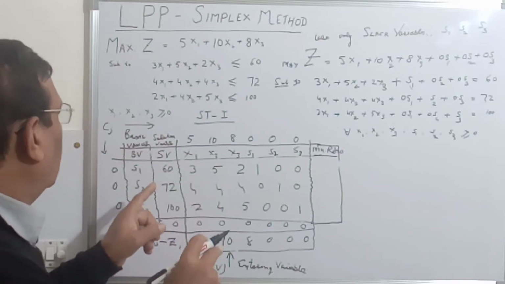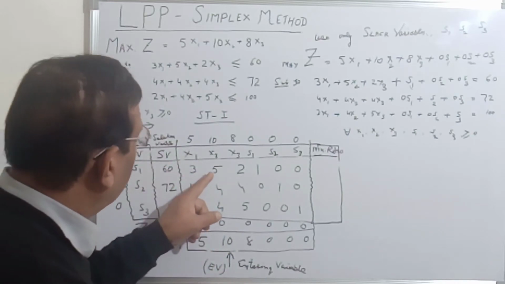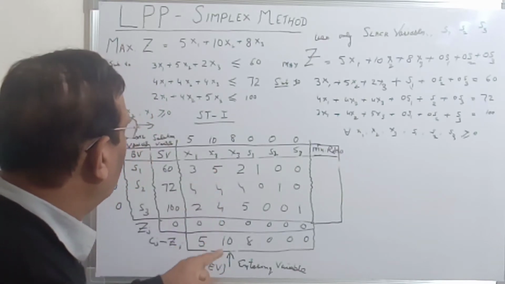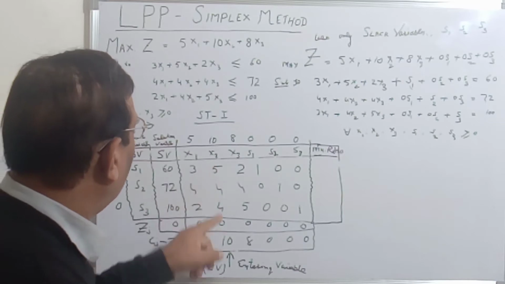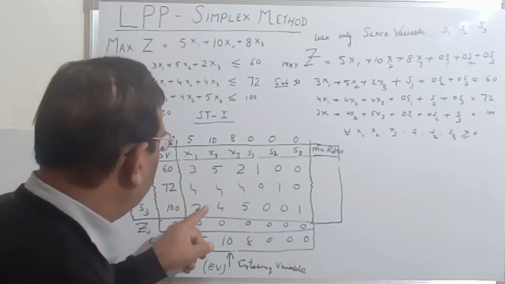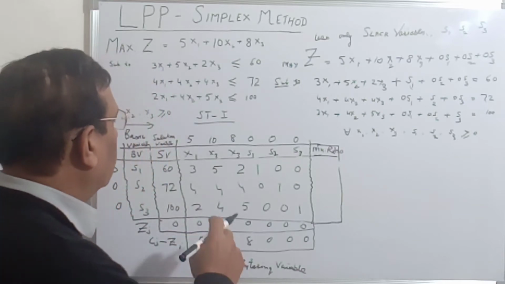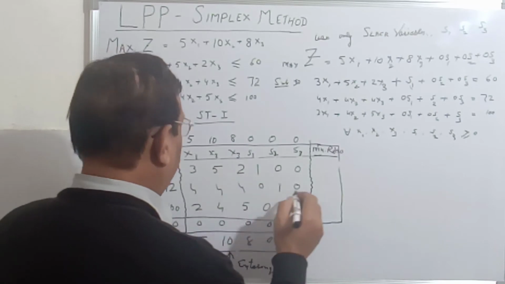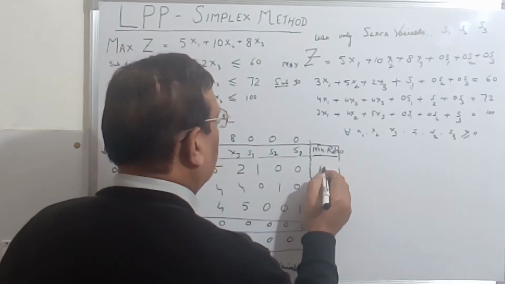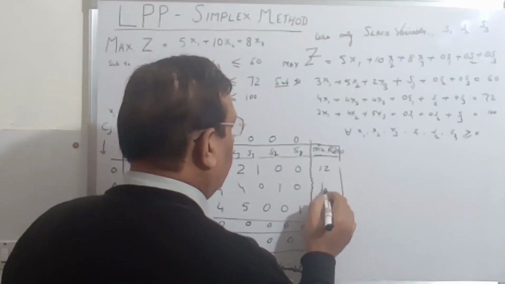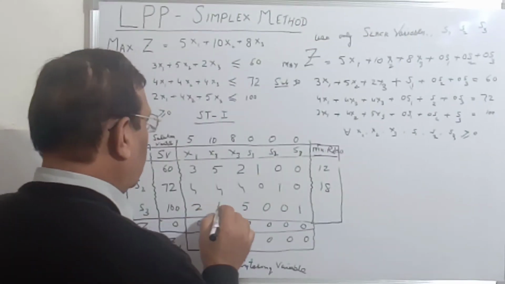Divide the solution variable with the coefficient of the entering variable in this column. 60 divided by 5, 12. 72 will be divided by 4, 18. 100 divided by 4, 25.